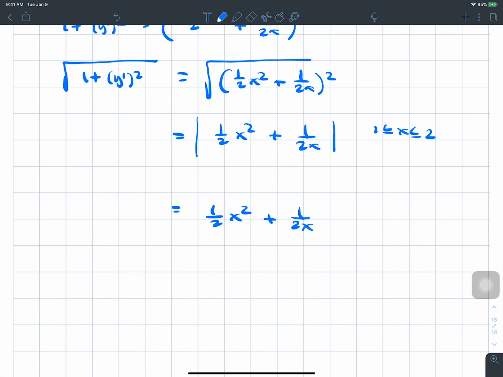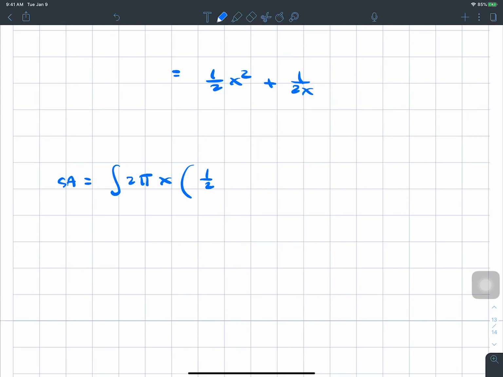That's positive. This is going to go right up in here. So here's your integral. 2 pi x times 1/2 x squared plus 1 over 2x dx. And that goes from 1 to 2.